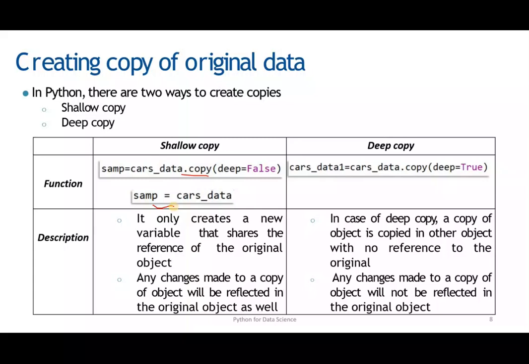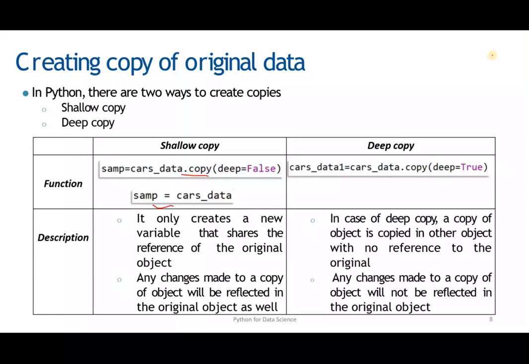So whenever you want to work with the mutable object, then you can do a shallow copy, where all the changes that you are making into this particular variable will be reflected in your cars_data also.